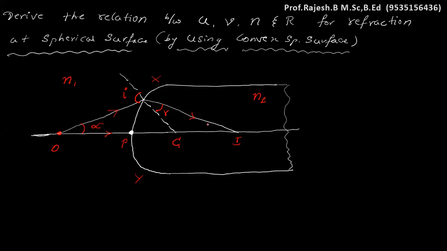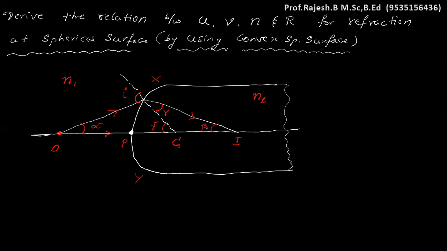With respect to the image, I'll take the angle beta. And with respect to the center of curvature, I'll take gamma. Between R and gamma, don't get confused. Gamma is at the center of curvature. With respect to the object it is alpha, and with respect to the image it is beta.